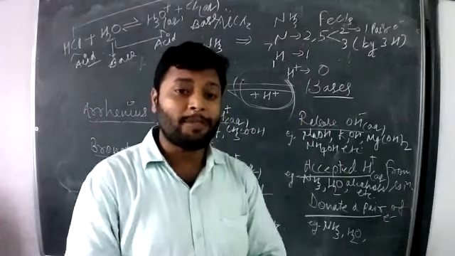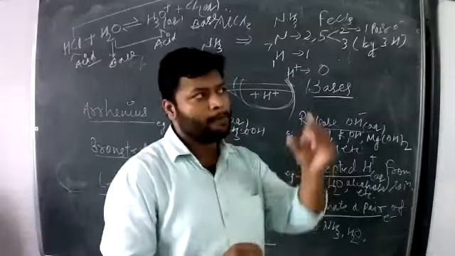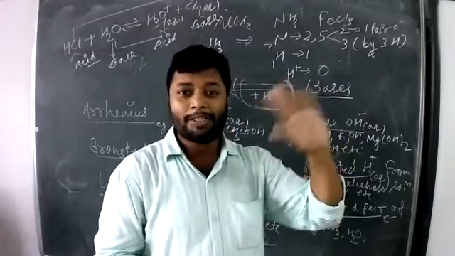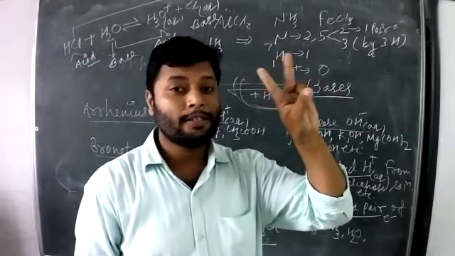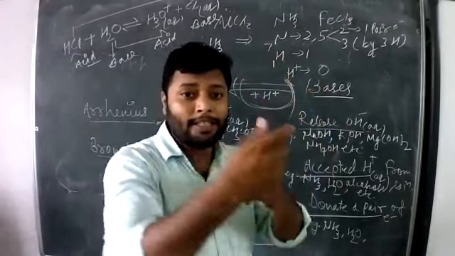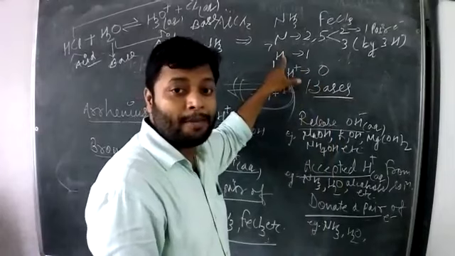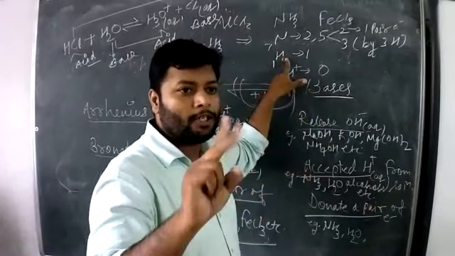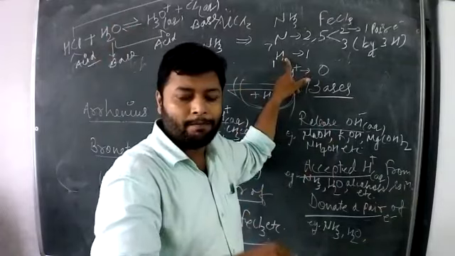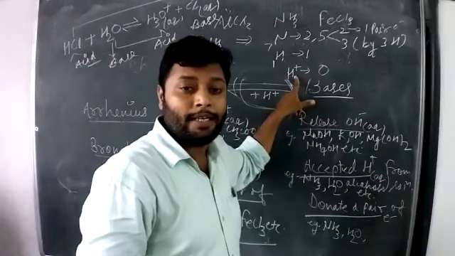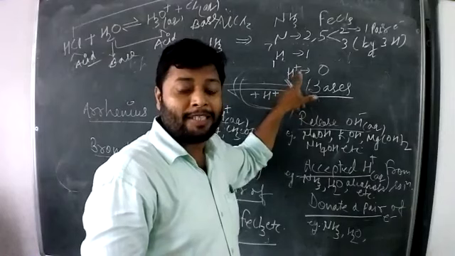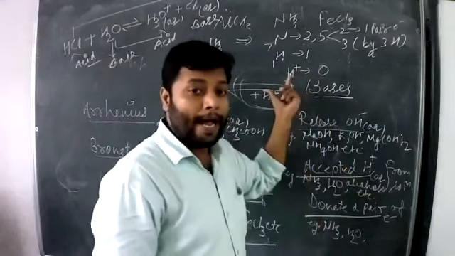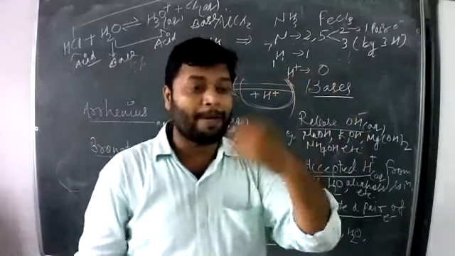What was the concept given in 9th level? The first shell must have 2 electrons, and that is why hydrogen makes a bond, to complete its two electrons. So H plus must accept a pair of electrons. Hydrogen ion can accept a pair of electrons.